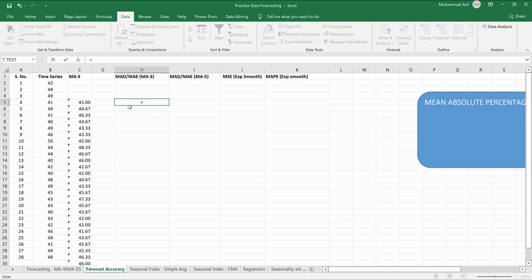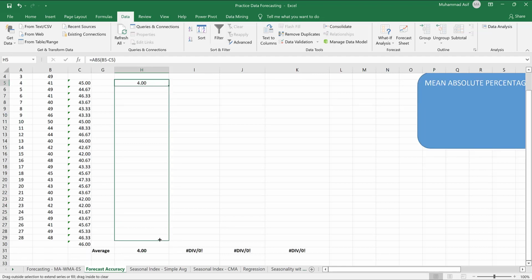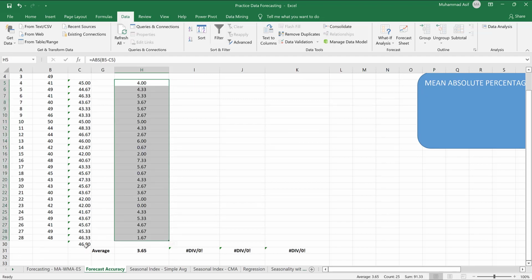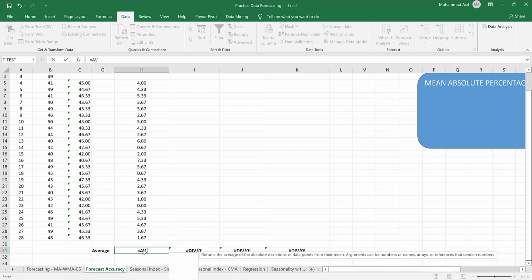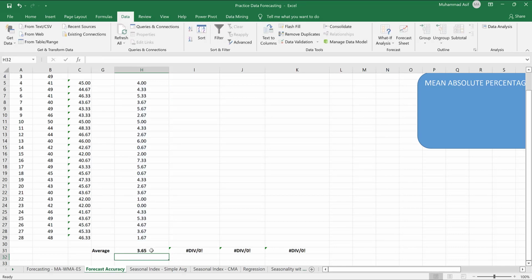So for this purpose we take absolute difference, that's time series minus forecast, and then you can drag it, dragging only up to here because no value is available here, and here we take average is equal to average, and it shows that mean absolute deviation or mean absolute error is 3.65.